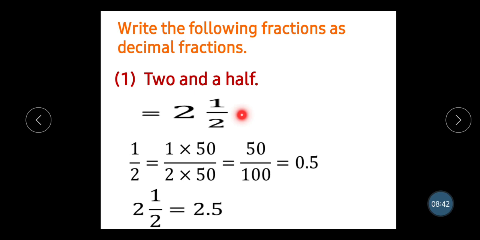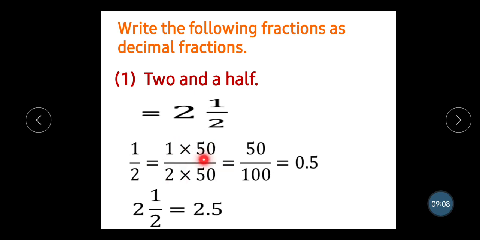So we will see the denominator. Children, here you can take in the multiples of 10, as 10 is divisible by 2. So either you can multiply it by 5, or here I have taken by 50. First I'll explain you by 5. Now 1/2 is equal to 1 into 5 upon 2 into 5.